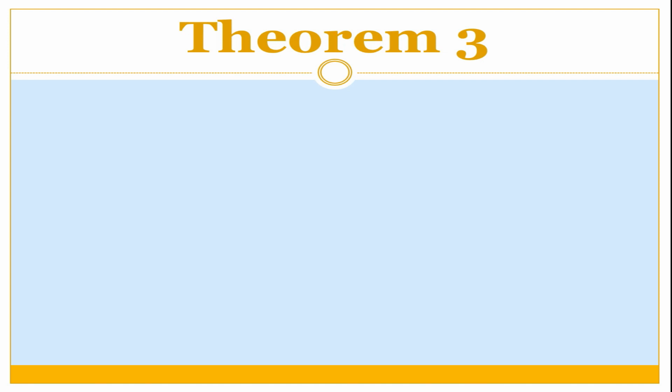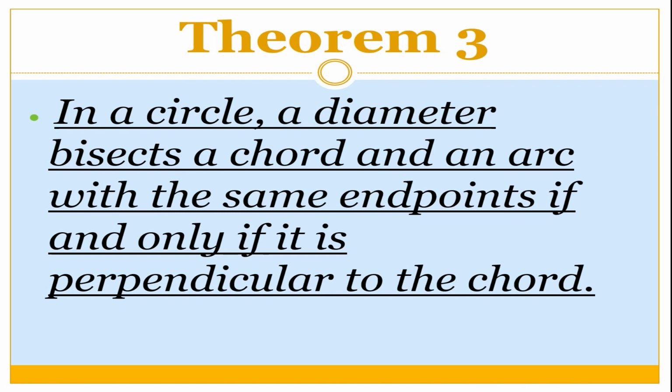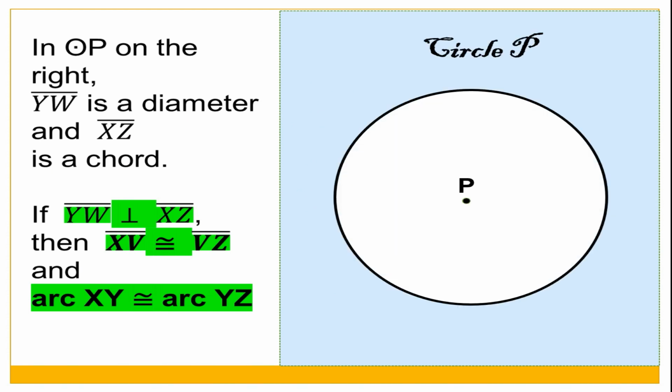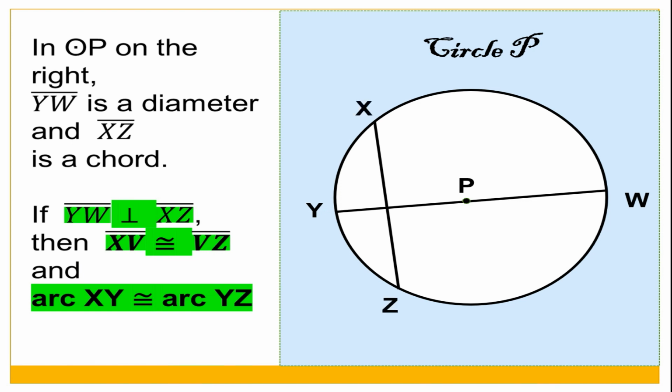Now, let's proceed to theorem number 3. In a circle, a diameter bisects a chord and an arc with the same endpoints if and only if it is perpendicular to the chord. Using circle P on the right, line segment YW is a diameter, and line segment XZ is a chord.